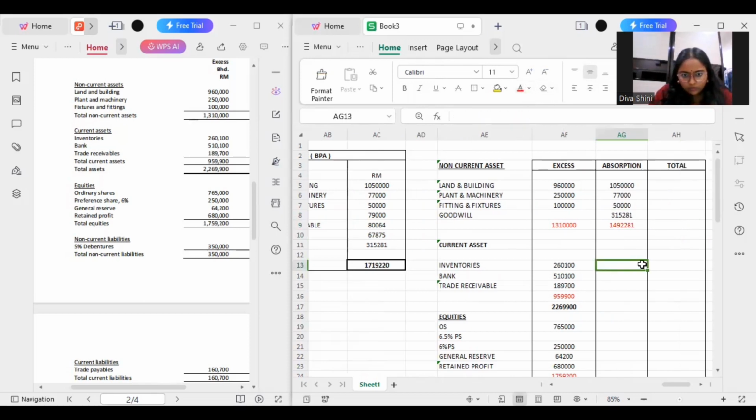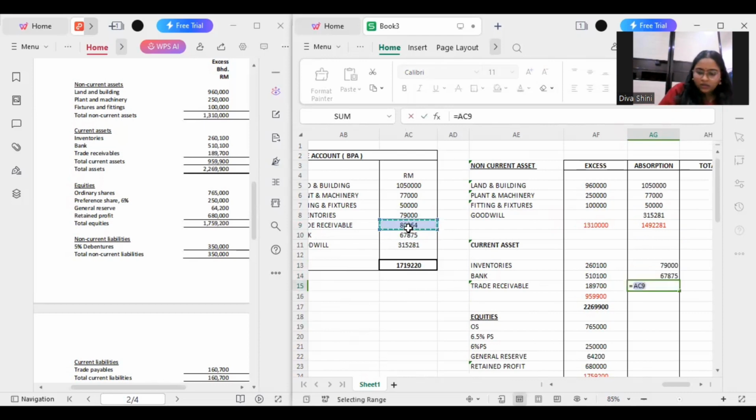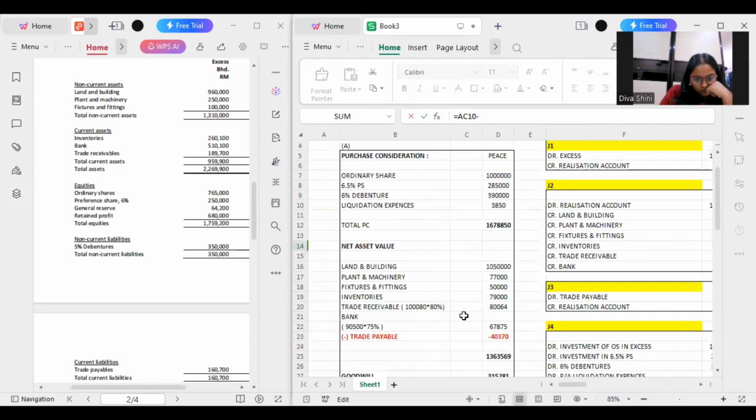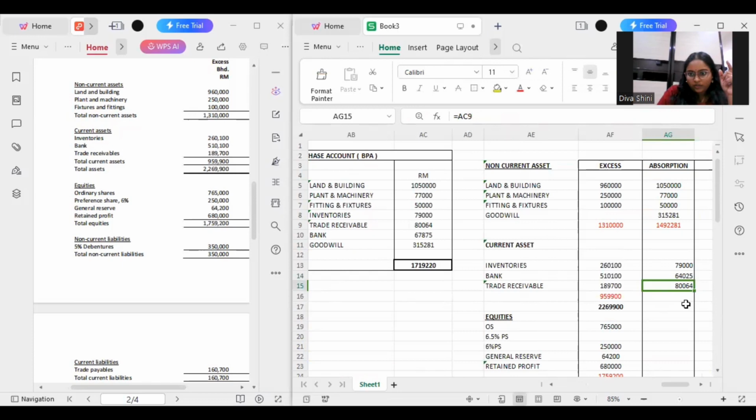Okay, same goes to the inventories, bank and trade receivable. For the bank, we need to take the amount in net asset value from here and minus the liquidation expenses in purchase consideration.